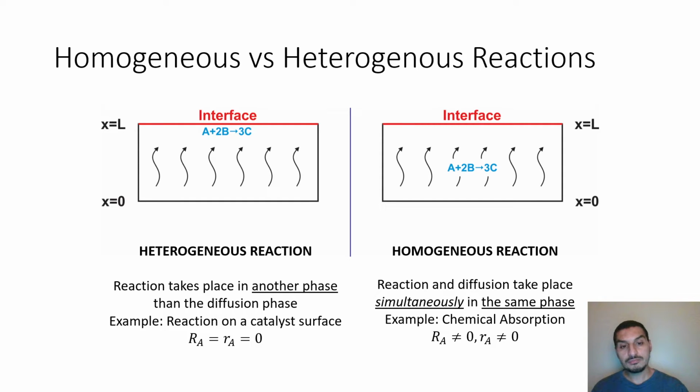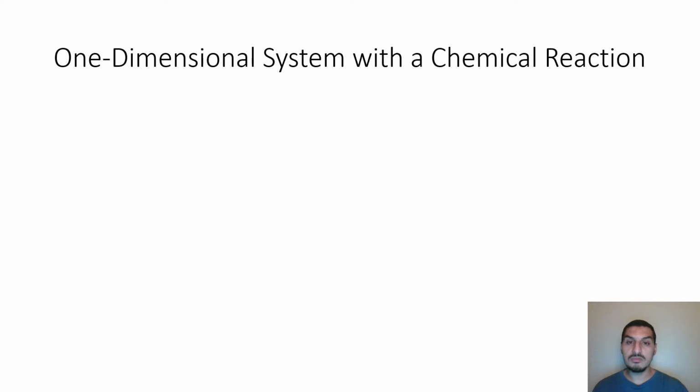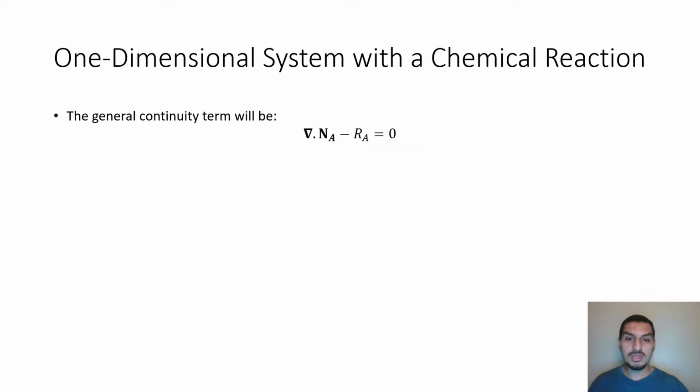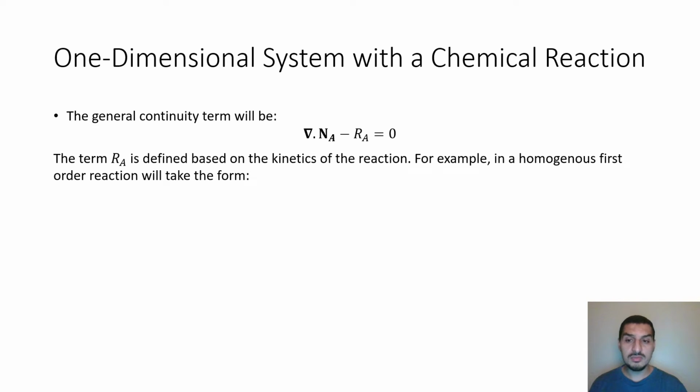So let's see the case that we are gonna discuss, which is the one-dimensional system with chemical reaction. The general continuity equation would be in this form. We just cancel the unsteady state term, and then we have the rate equation.